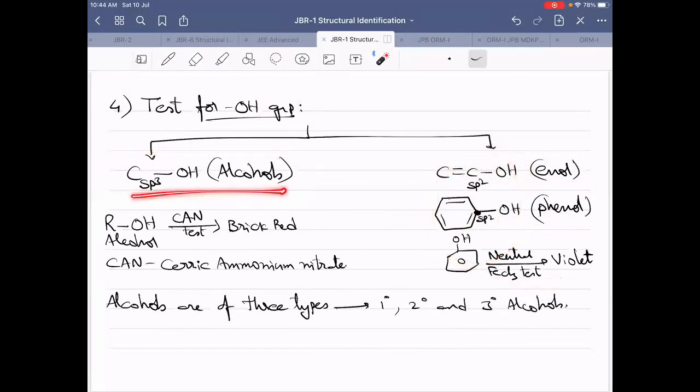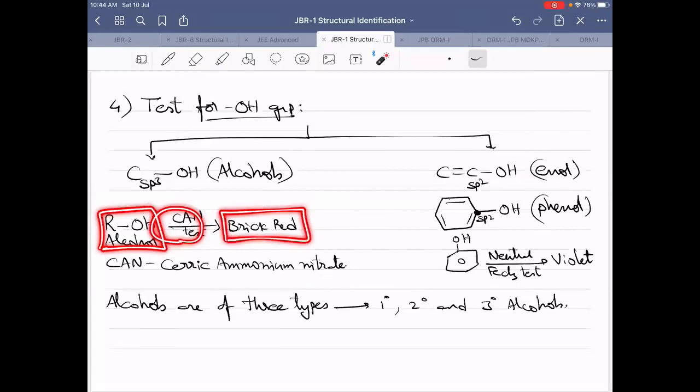First of all, to identify whether it is an alcohol or not, we do the CAN test. What is CAN? CAN means ceric ammonium nitrate. If you add a few drops of ceric ammonium nitrate to the alcohol, then on addition of the CAN reagent the solution will be converted into brick red in color.